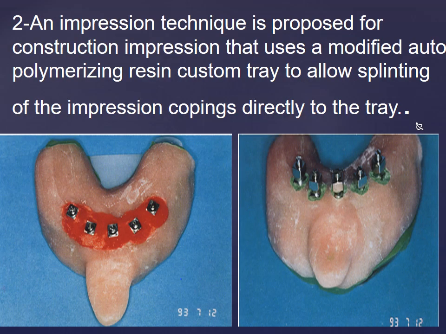The second method that can be used in impression technique is proposed for construction impression that uses a modified auto polymerizing resin custom tray to allow splinting of the impression copings directly to the tray.